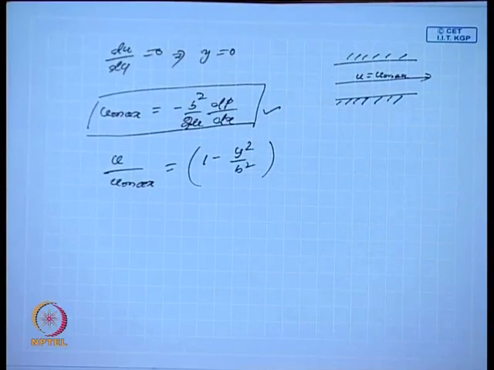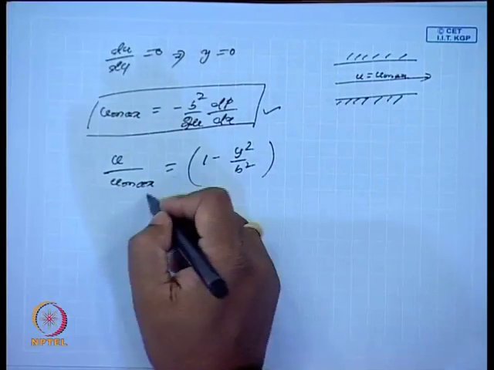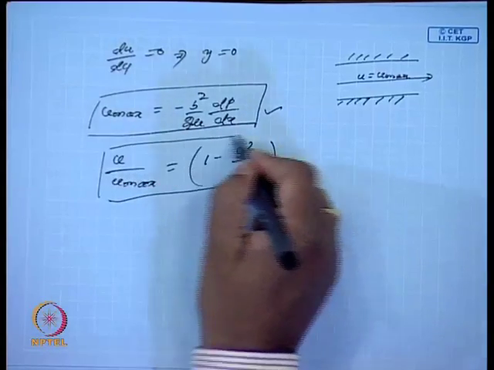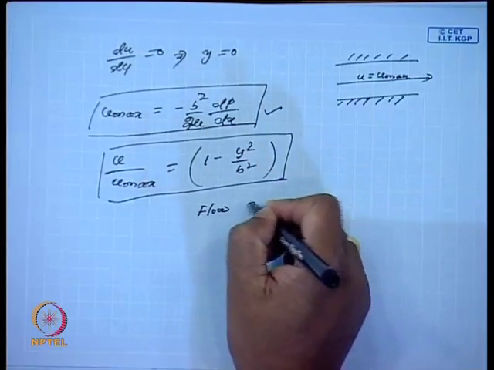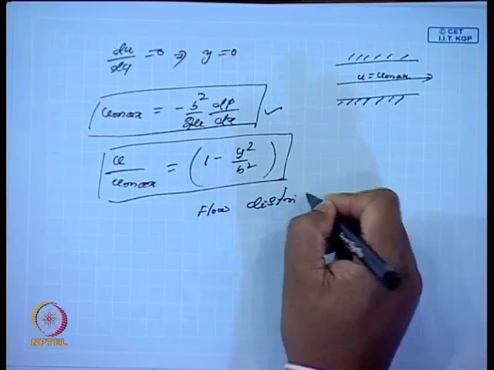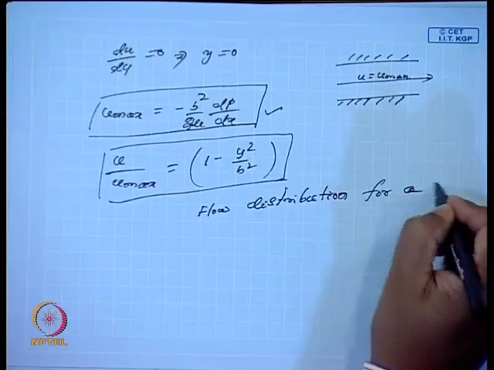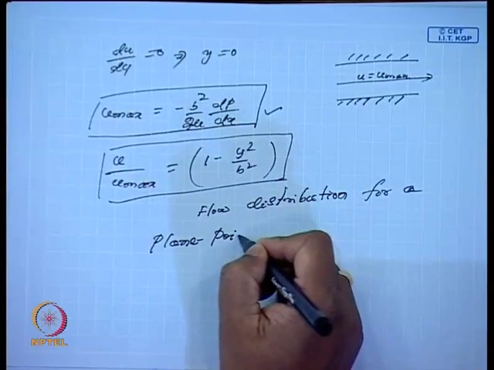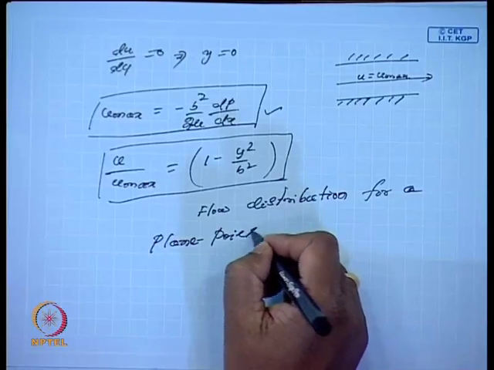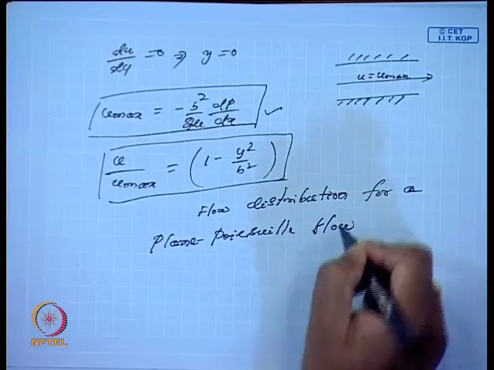This gives the velocity distribution for a plane Poiseuille flow.